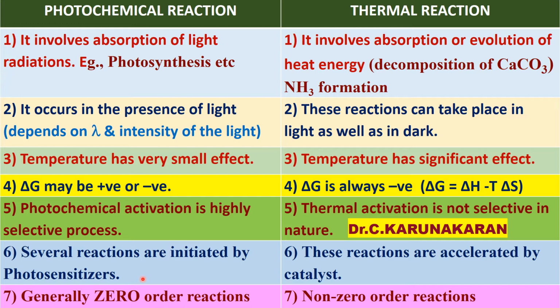Some reactions occur without photosensitizers. These reactions are accelerated by catalyst. Then the rate of reaction is enhanced in the presence of catalyst. Here the reactions are initiated by photosensitizers in some cases, not all cases.